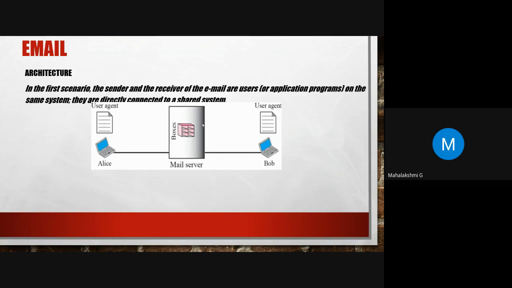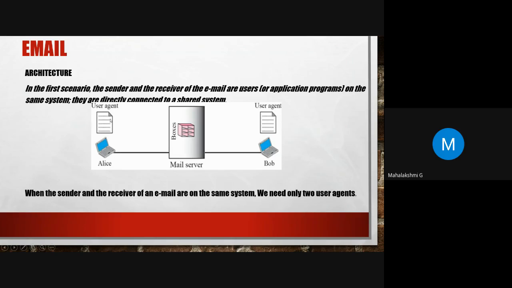The message has a sender and recipient mailbox address. Now, Bob can retrieve and read the content of the message at his convenience using the user agent. So, in this case, the sender and the receiver of email are in the same system. Then it is enough to have two user agents.